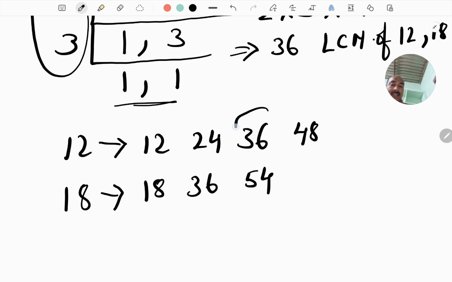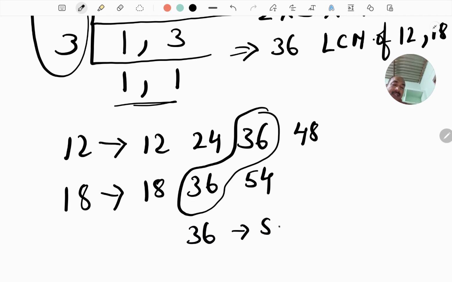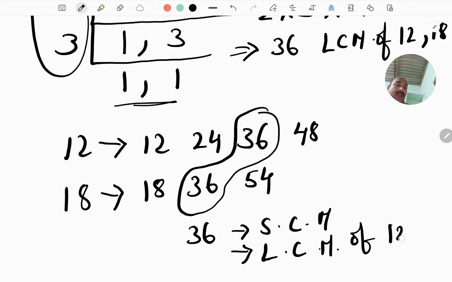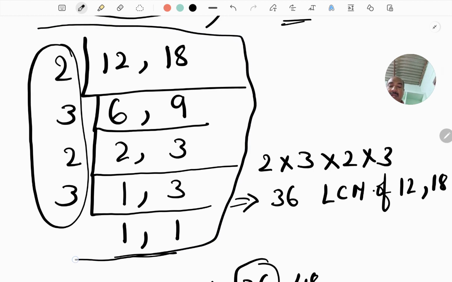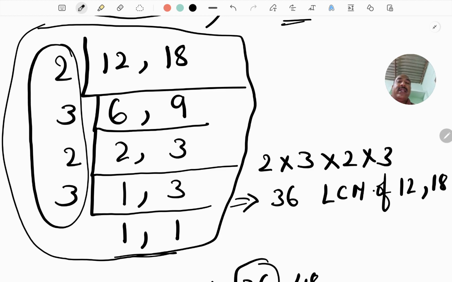This is the smallest common multiple, 36, the LCM, least common multiple of 12 comma 18. With this method we can easily find the LCM of two or more numbers.